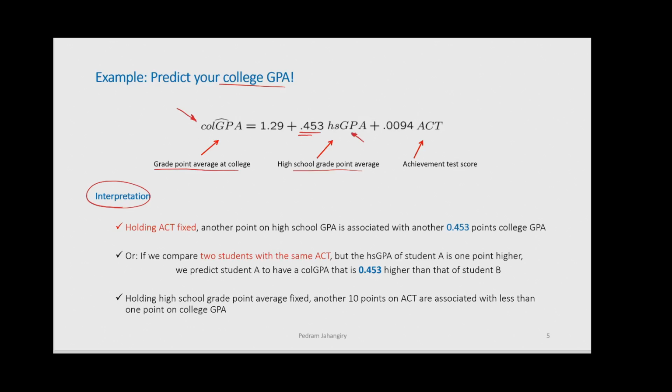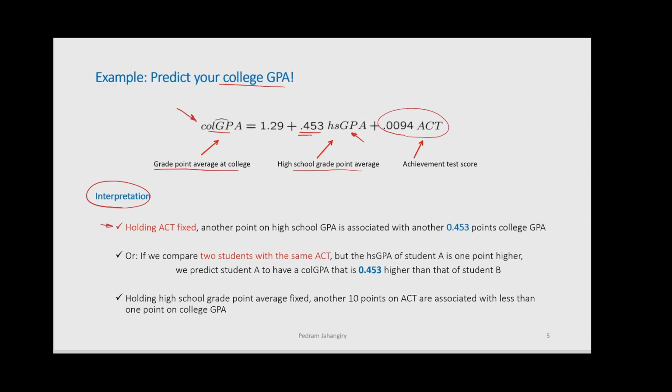So far, so good. If high school GPA increases by 1 unit, now this is new, and we are holding ACT fixed. We are explicitly holding ACT fixed. Then, on average, the college GPA is going to be 0.453 or 0.45 points higher. Does that make sense?